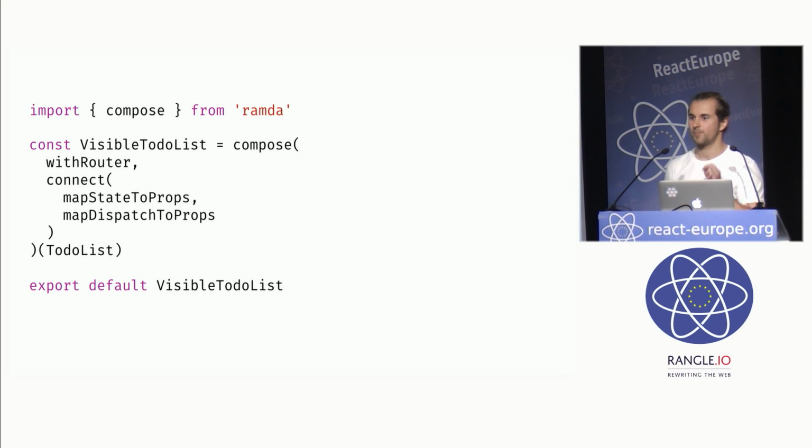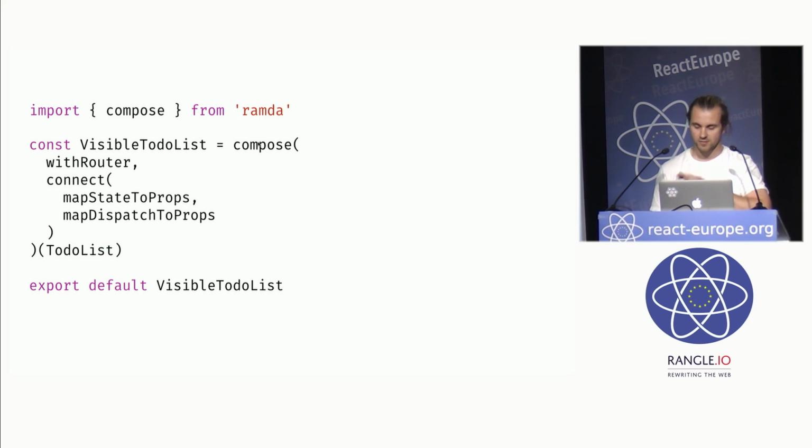And the best part is, we can use the same compose function from Ramda. One thing you have to be careful with is that when you use pipe, it flows from top to bottom. Because of the way components are constructed, to have this top to bottom flow for the props, you have to use compose here.